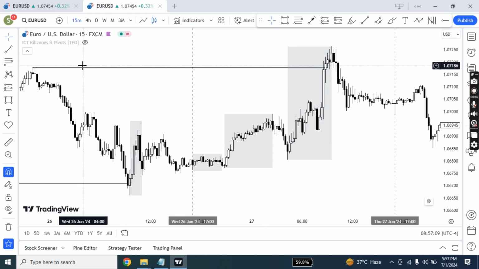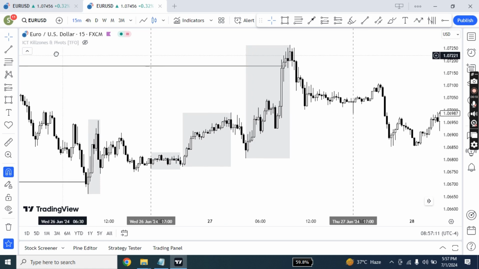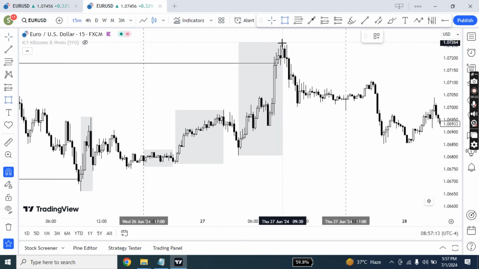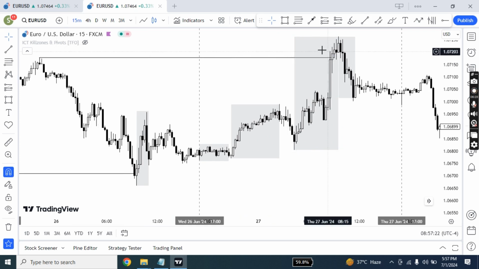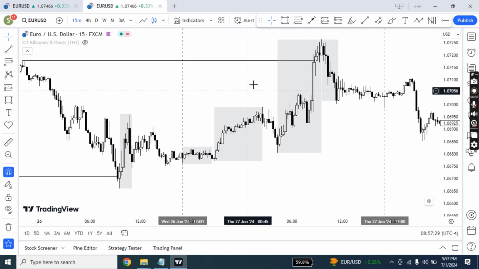So what that means is now you can expect a reversal profile, right? And that's exactly what happened after price with this expansion tested this key level right here, this 4-hour range high, and closed inside of it and tested it in this expansion. We're now going to expect a reversal profile from here.